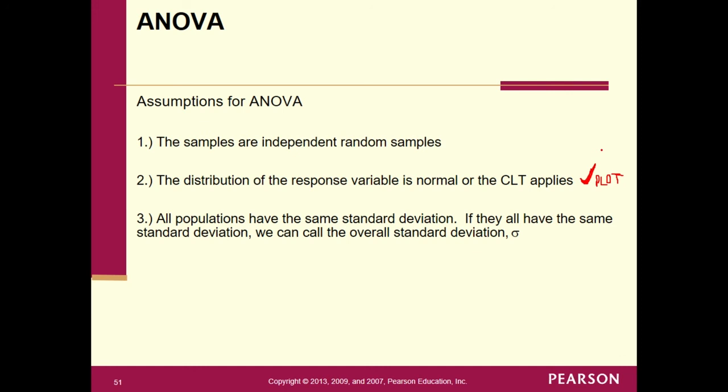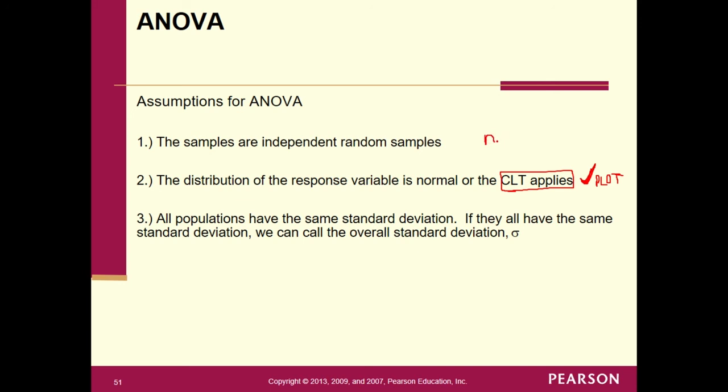Now, in your project, if the conditions don't apply, I would just keep going. But tell me in the explanation in your write-up that, hey, I think the assumption for normality was broken here, or because we didn't have a large enough sample size. When I say the CLT applies, I'm not talking about the overall n.